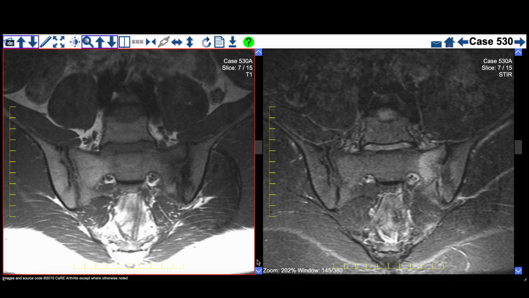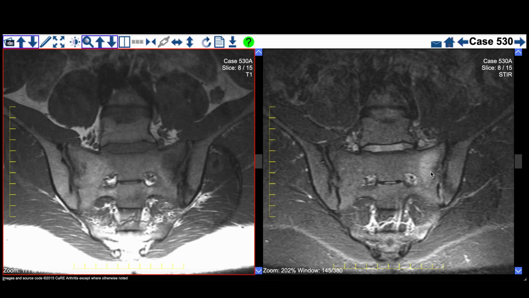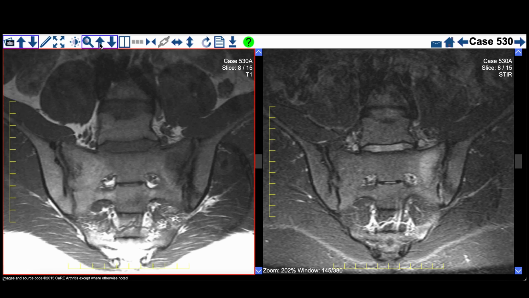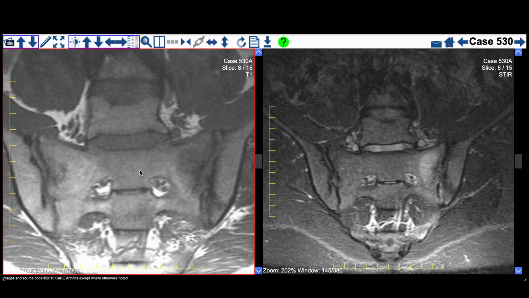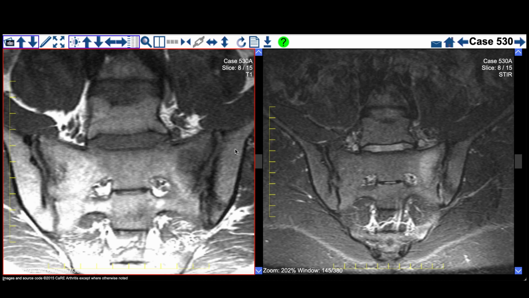But there is more than just bone marrow edema in the left sacrum, because if we magnify the T1 weighted sequence, and let's just make the image a little brighter and a little sharper, we can see that the margins of the left iliac bone are actually quite irregular.